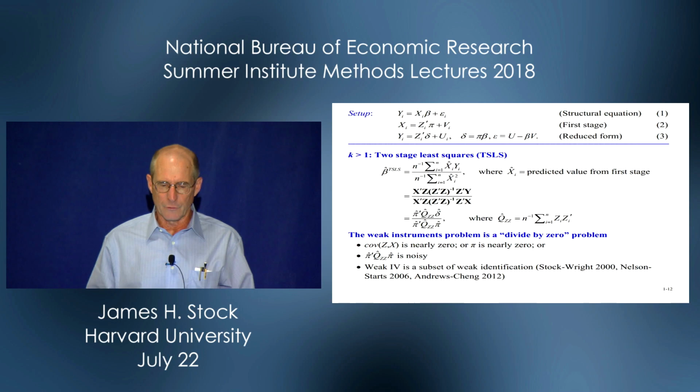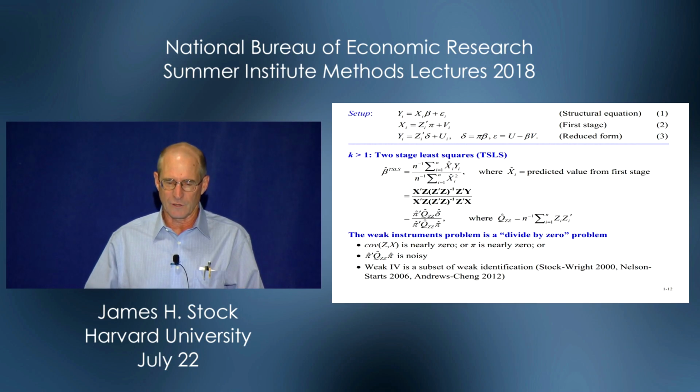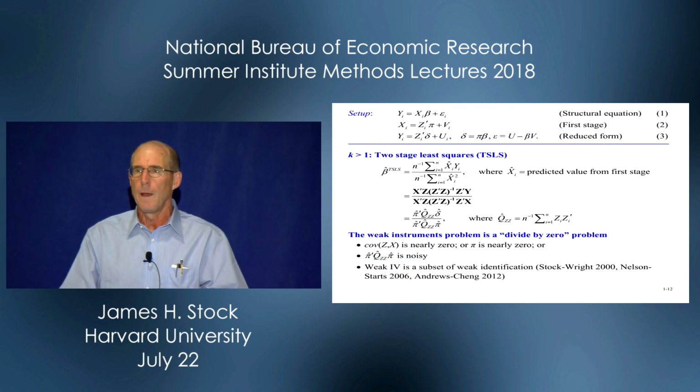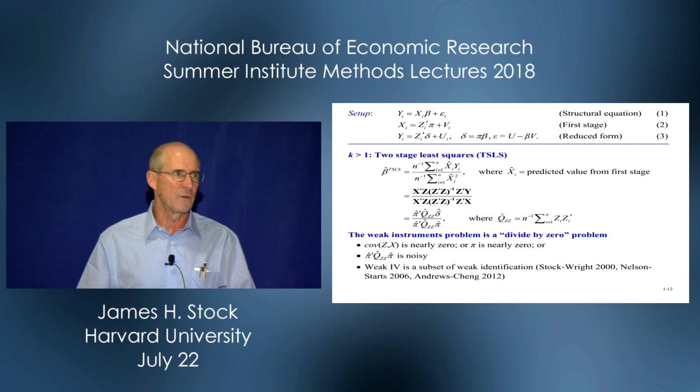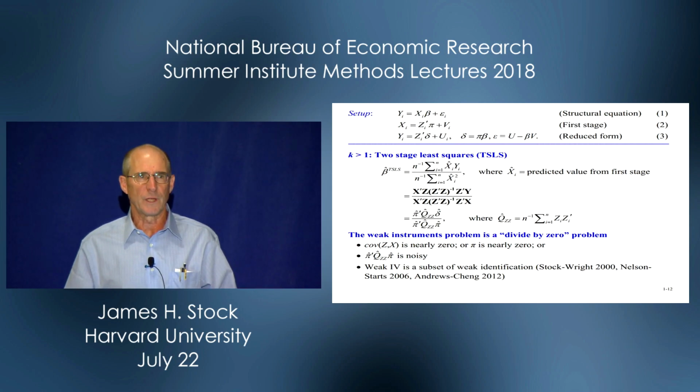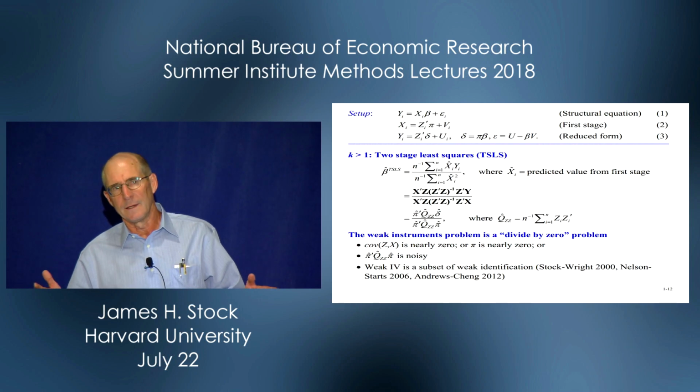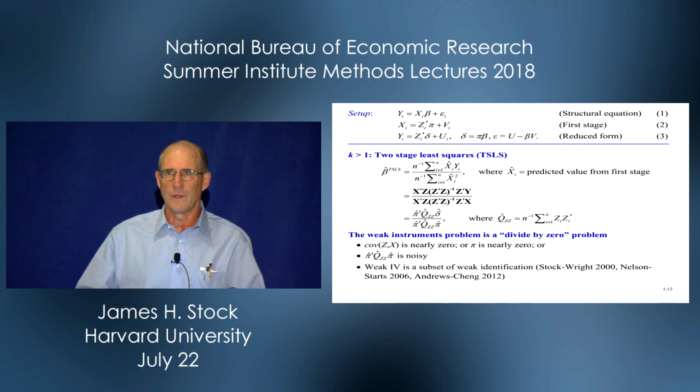If you just stare at any of these expressions, but I like to stare at the last expression for two-stage least squares, basically the problem of weak instruments is that you're dividing through by something in the denominator, and if that thing is close to 0, then you've got a problem.